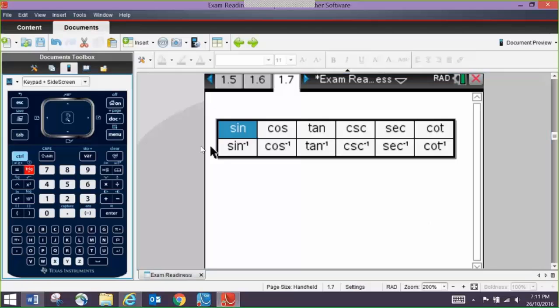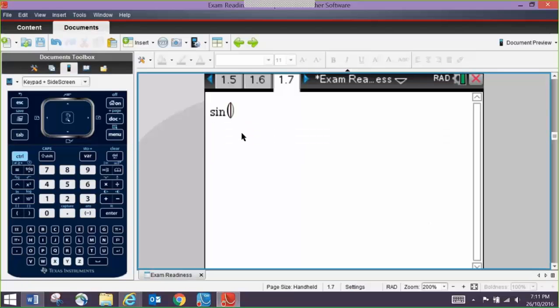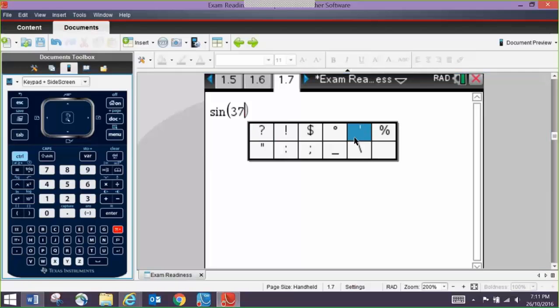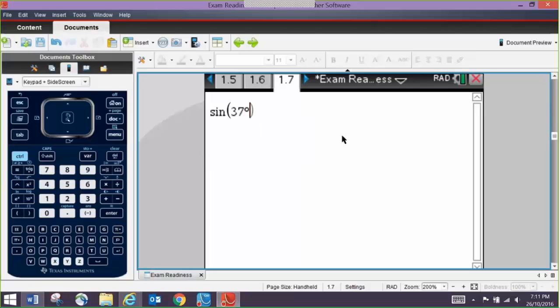So if I go to the trig menu, go to sine, and I want to do sine of 37 degrees, rather than doing a conversion of 37 degrees, what I can do is actually use the degree button. Now the degree button is in a few places. There's one here, right there, that we can use, but that's not the only place it is.